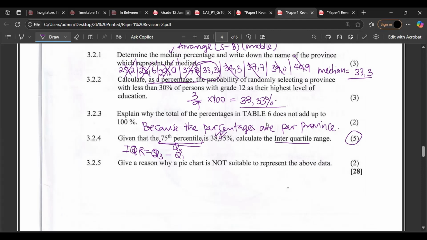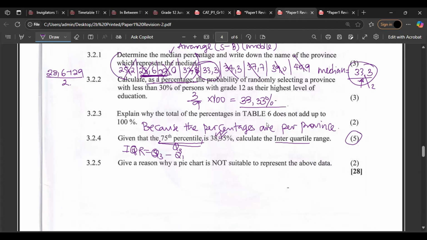Come back to your data on top here. It's easy to get because this is the median, which is our Q2. So Q1 will start from here. There will be these two numbers. Pick them, which is 28.6 plus 29. Divide them by 2. 28.6 plus 29, you have 57.6.